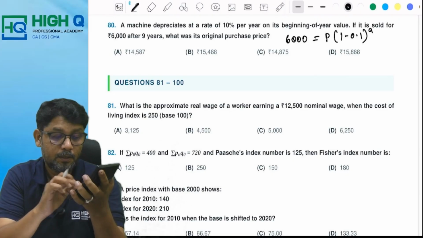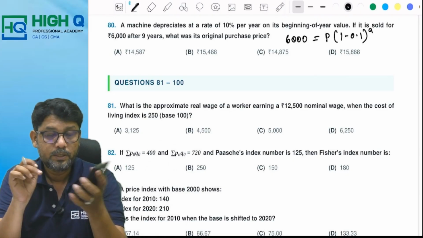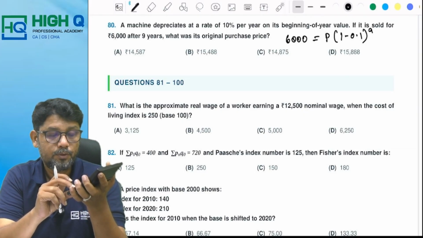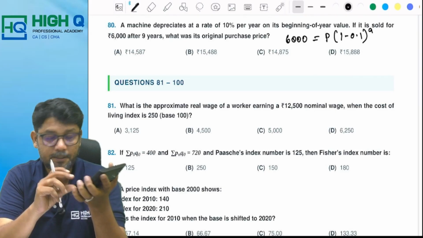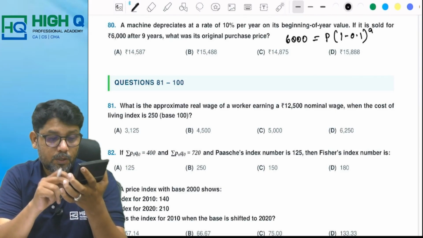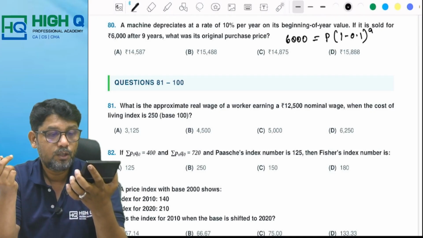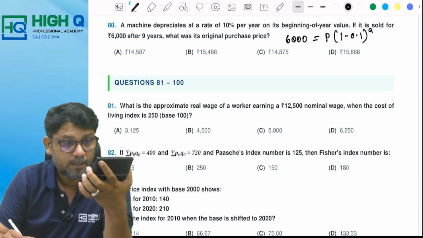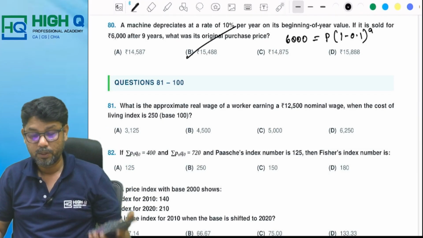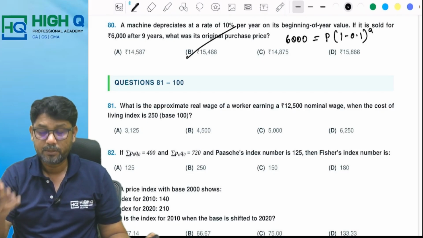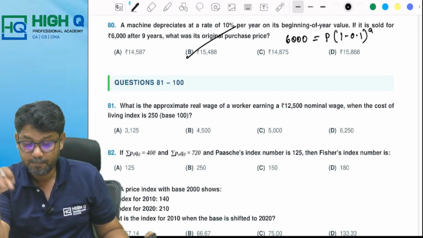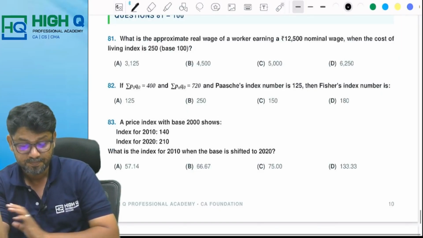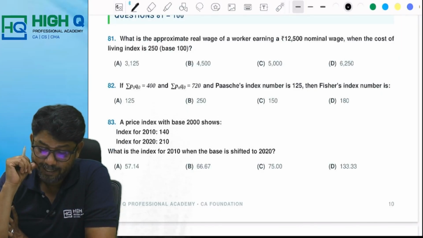Is that right, my dear? 1 minus 0.1 is equal to 0.9 whole power 9, divided by... 6,000. 15,487, my dear, 487.48. Approximately 15,488. This is our answer. Or you can use trial and error method: 15,488 minus 10%, minus 10%, 9 times you have to do. I think it is lengthy.